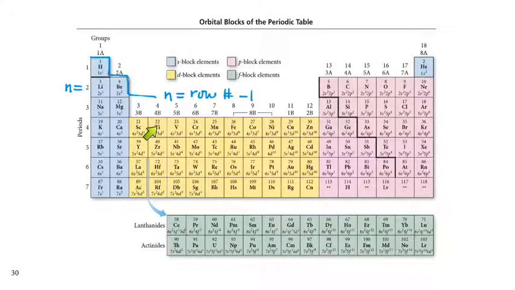For these guys in row 4, they're going to be 3D, and this is 4D and 5D and 6D. As you come across, you've got 4s1, 4s2. When you get here, this isn't 4 anymore, this is 3 because it's sunken. So this is 3D, 1 through 10.